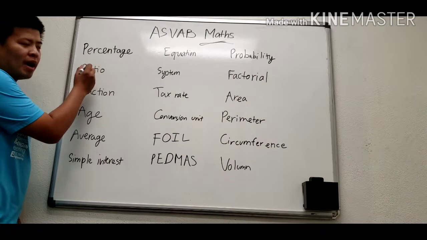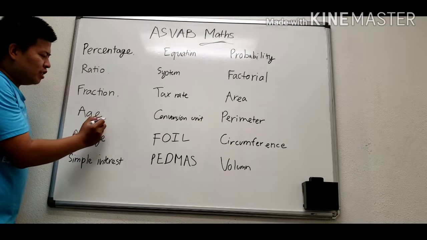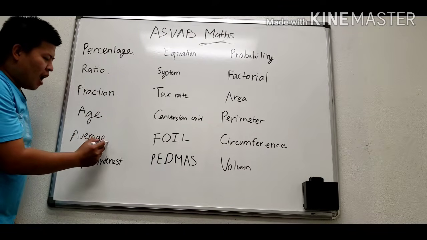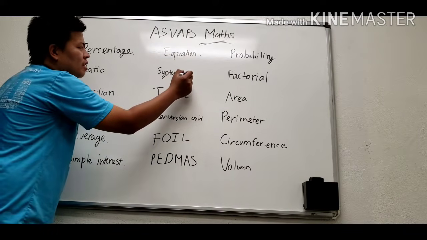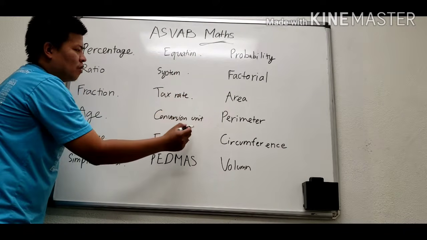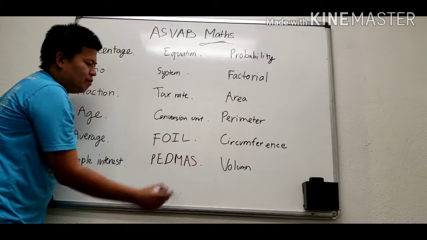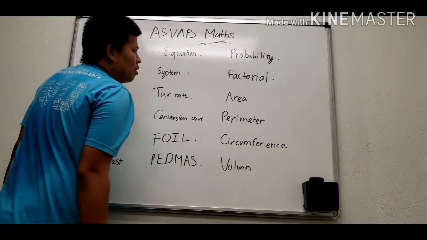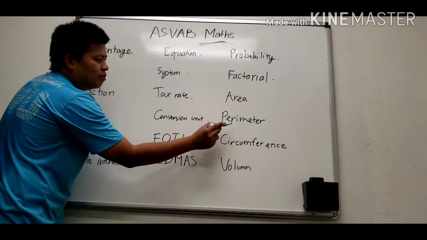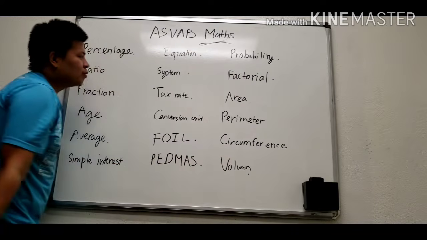First we will learn about percentage, ratio, fraction, age, average, simple interest, equation, system, task rate, conversion unit, FOIL, PEMDAS, probability, factorial, area, perimeter, circumference, and volume.